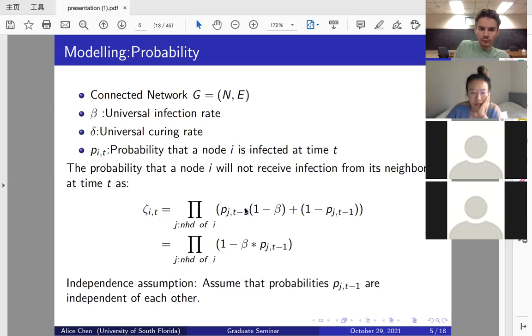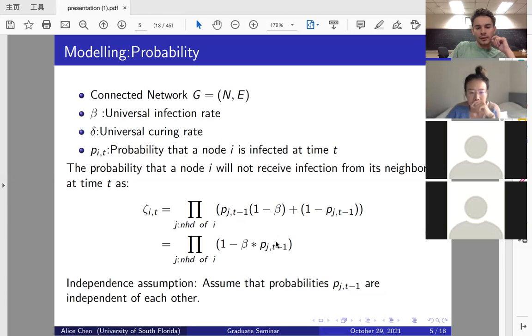So eta_i(t) actually has two parts. The first part is that the neighbor is not infected, so 1 minus p_j(t minus 1), or the neighbor is infected but it fails to infect node i, so p_j(t minus 1) times 1 minus beta.